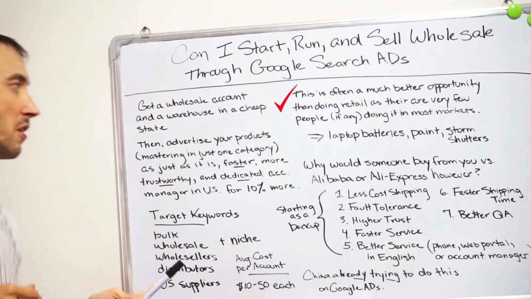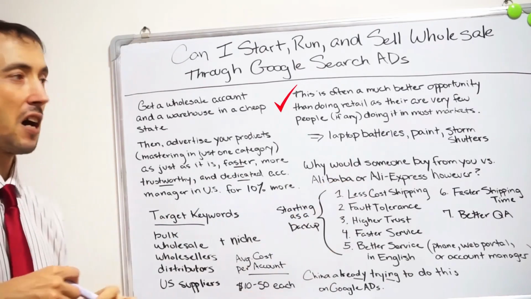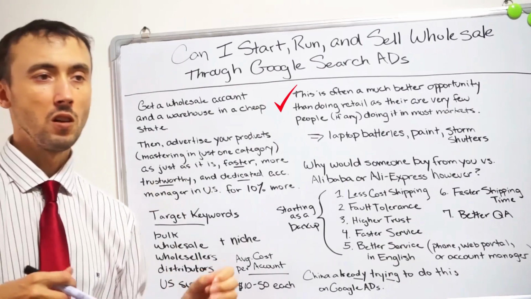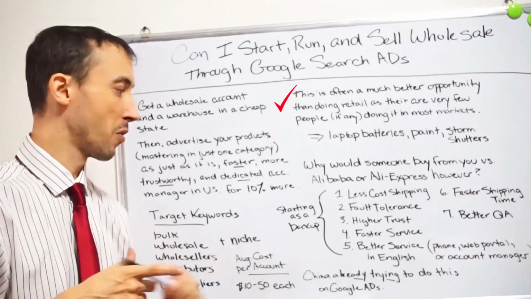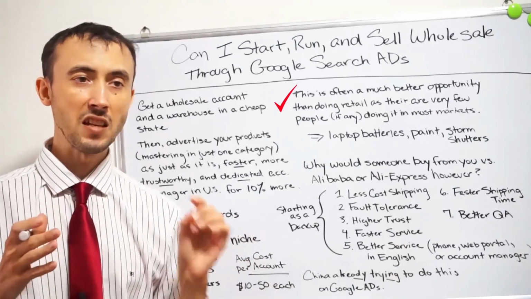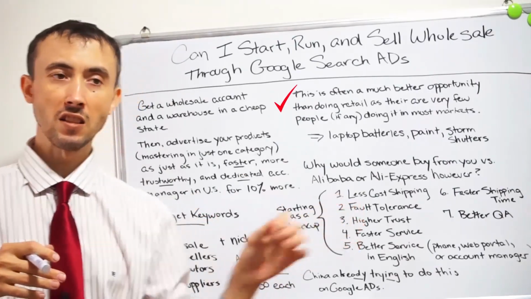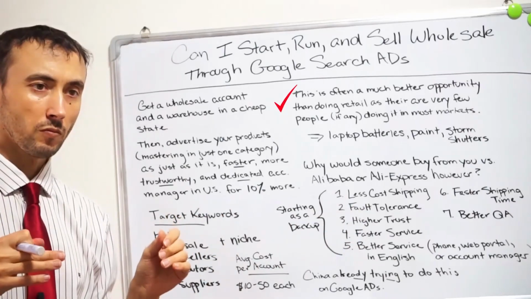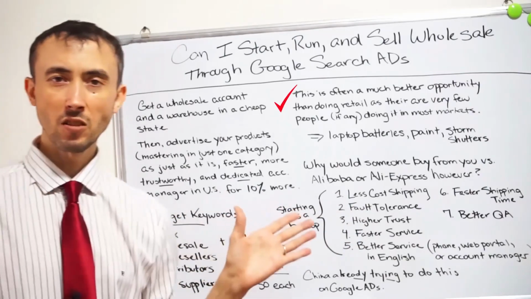If you search for laptop batteries wholesale on Google, there's sometimes the Chinese government, as far as I know, subsidizing people to go direct to consumer in the U.S. But their websites are crap.